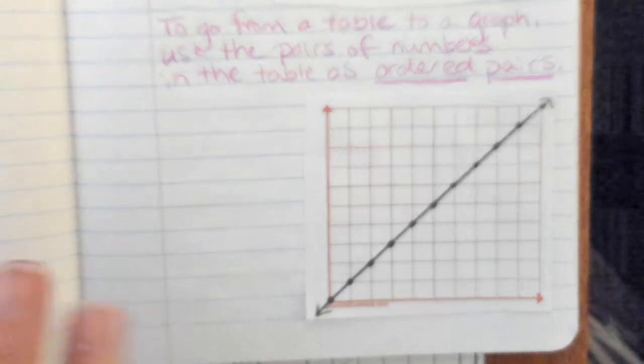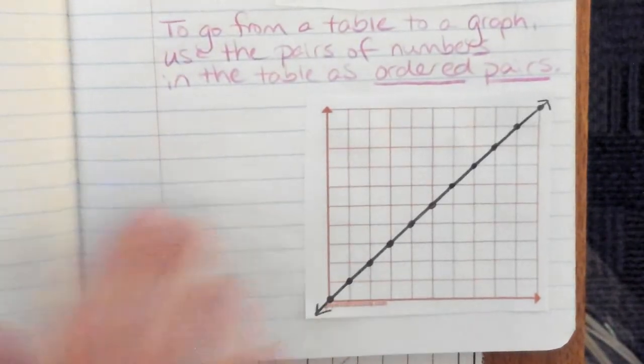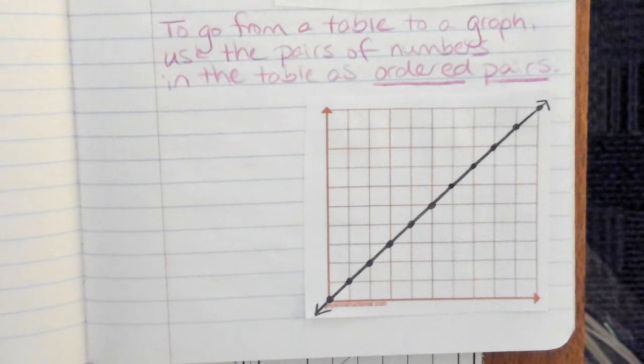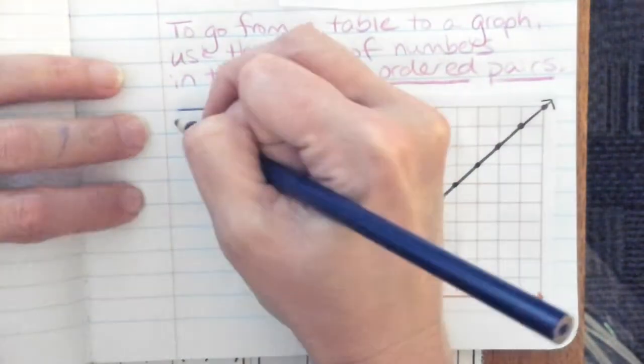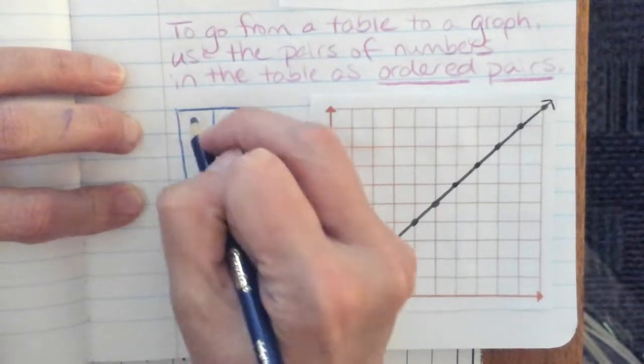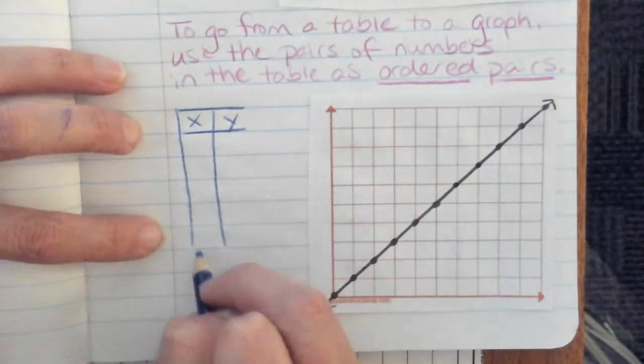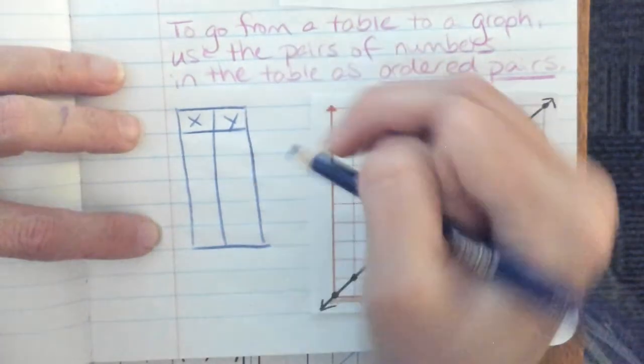Now I'm going to put a table over here. So I am going to make my table. I'm only going to put in X, Y, 1, 2, 3, 4, 5.